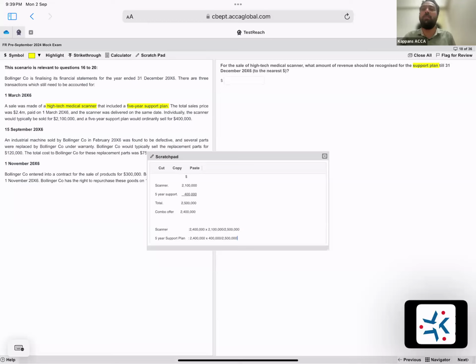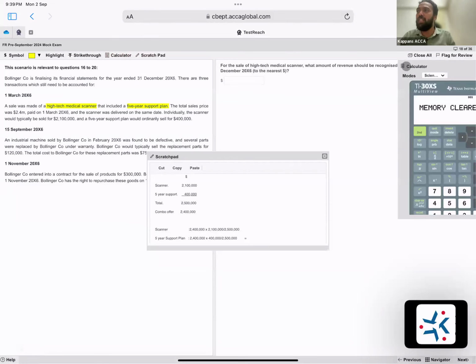The question is about the 5-year support plan. So how much of the combo offer's 2.4 million will be allocated to the 5-year support plan? 2.4 million multiplied by the standalone selling price, 400,000 out of 2.5 million. If you use the calculator, you can see that it's 384,000.